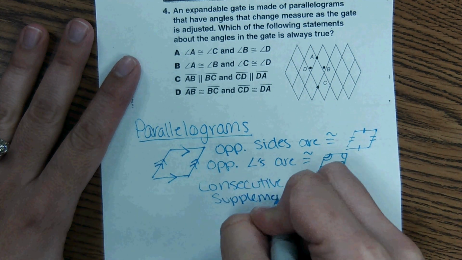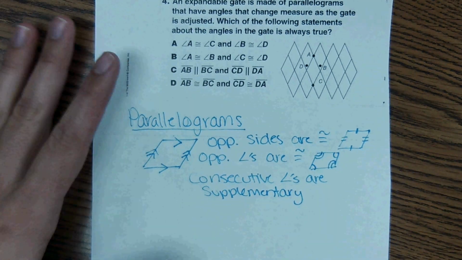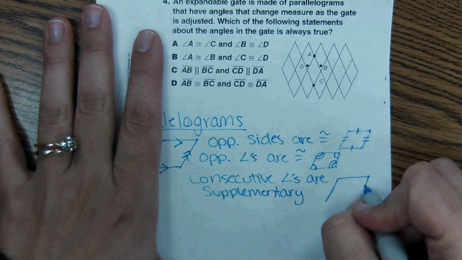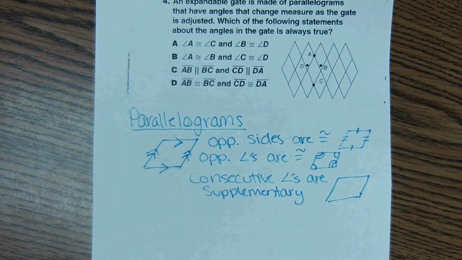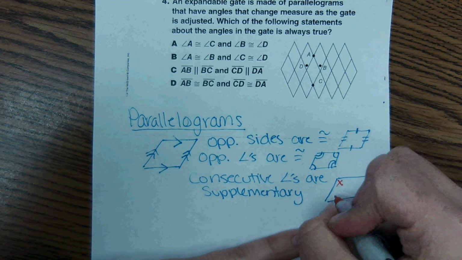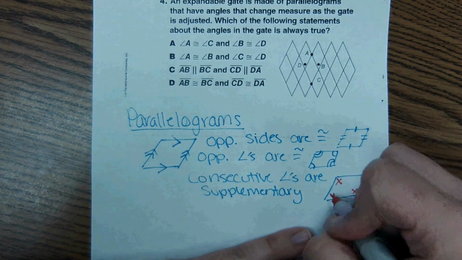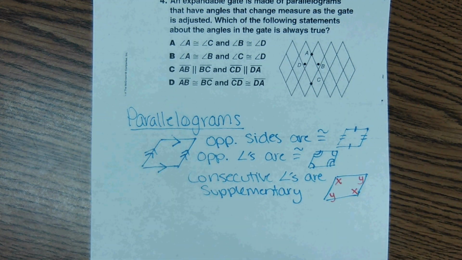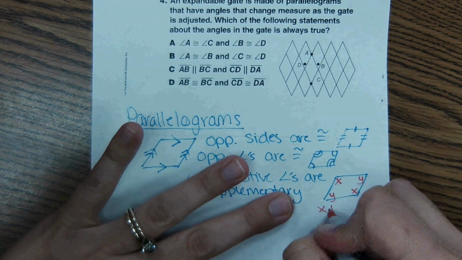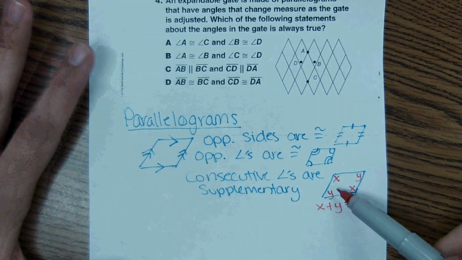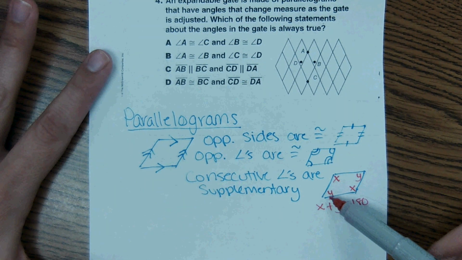Okay, and the next thing is consecutive angles are supplementary. So what that means is in your parallelogram, let's say this is x and this is y, and then your opposite angles are equal, so this would also be x, and this would be y.